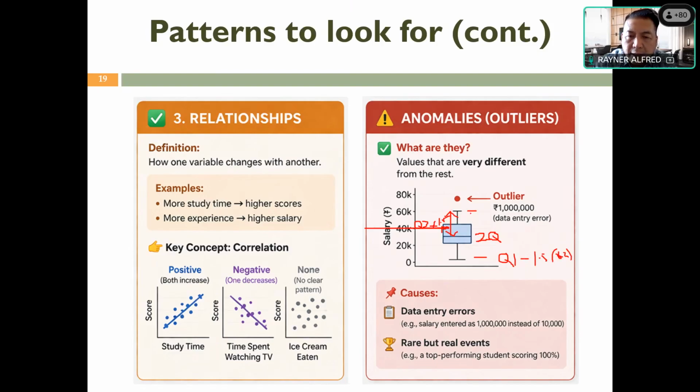Okay. So this is the line that we have. So we will do a practical on this. How do we plot this one? And then if something falls outside here or below here, they are called the outliers.